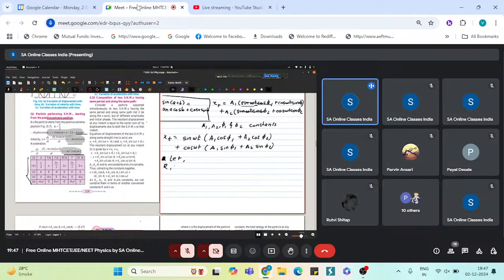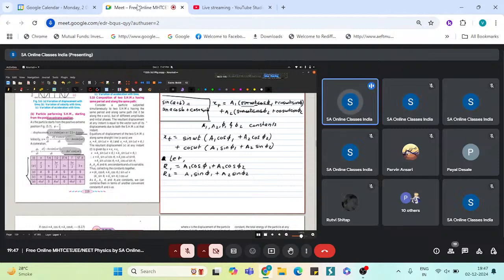We'll assume R1 is equal to a1 cos phi 1 plus a2 cos phi 2, and R2 we'll assume is equal to a1 sin phi 1 plus a2 sin phi 2.